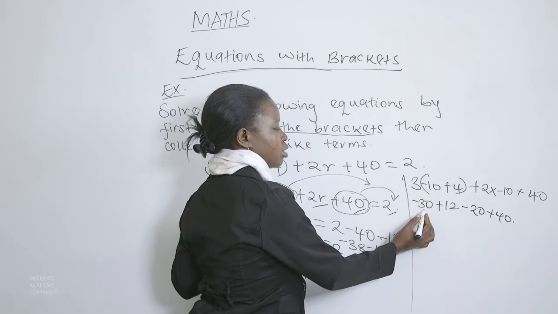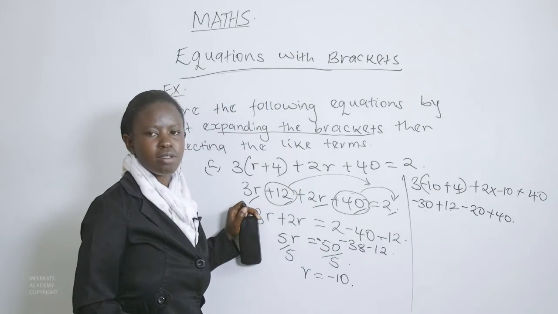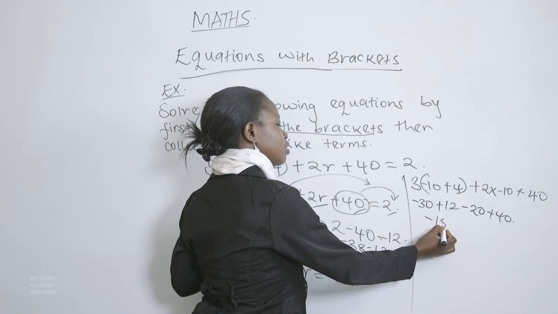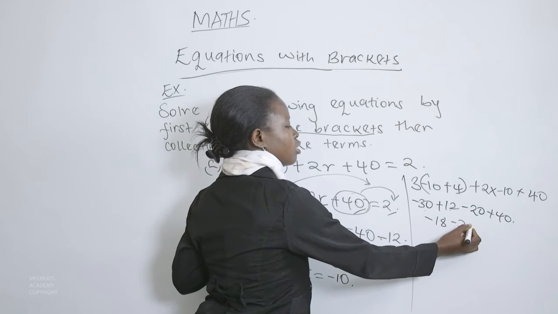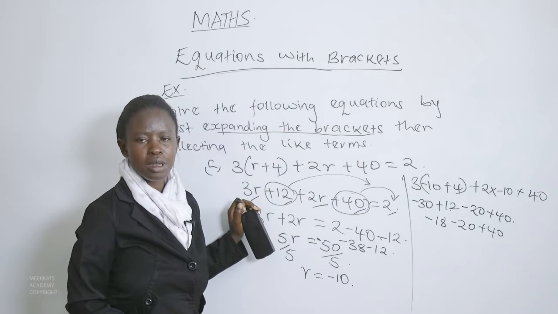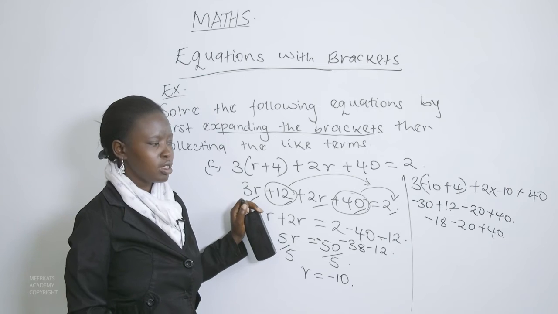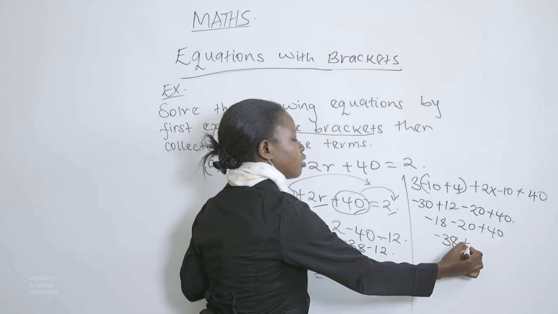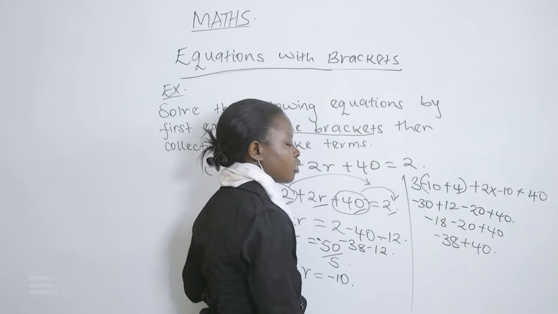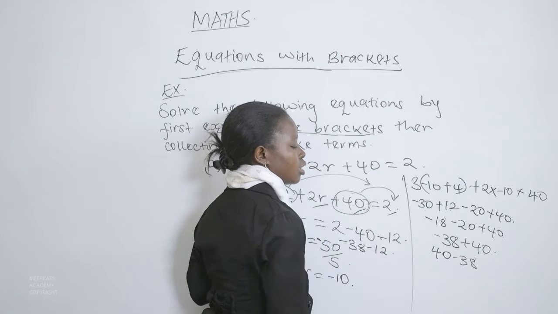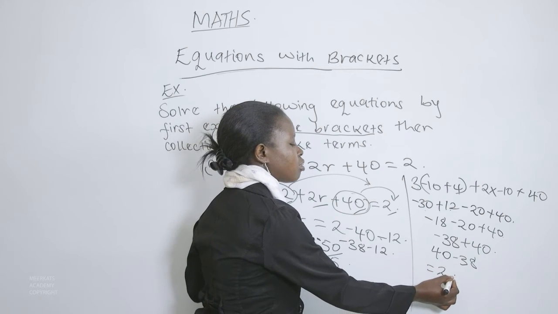So that negative 30 plus 12 will give us negative 18. Then minus 20 plus 40. Negative 18 minus 20 will give us negative 38, then plus 40. Negative 38 plus 40 is simply the same as 40 minus 38, and 40 minus 38 is 2.